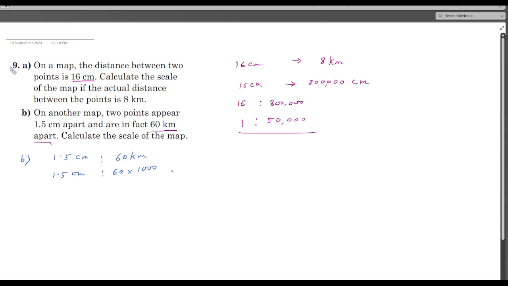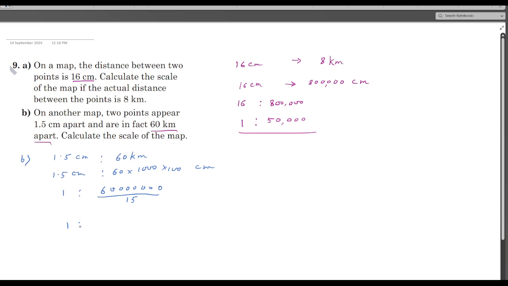Now I multiply by 1000, so it will be in meter, and then again multiply by 100, it will be in centimeter. And then I will divide both the sides by 1.5. So here it is 1 ratio, it is 6000000 divided by 1.5. So better I will increase 1 zero here and I will divide by 15.